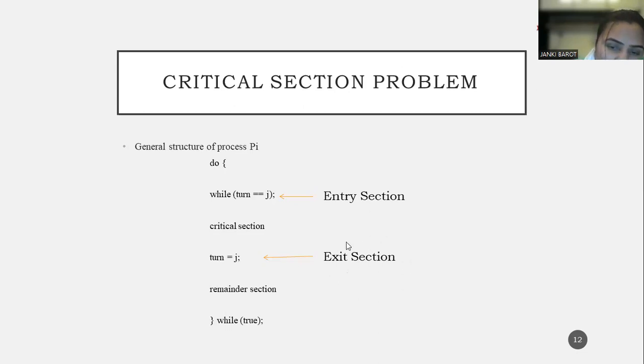If there is no exit section, what will happen? All the processes which are waiting to enter the critical section or which are waiting to execute, they all will wait for infinite time, forever, right?